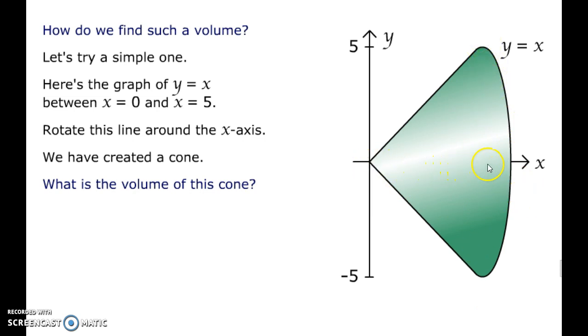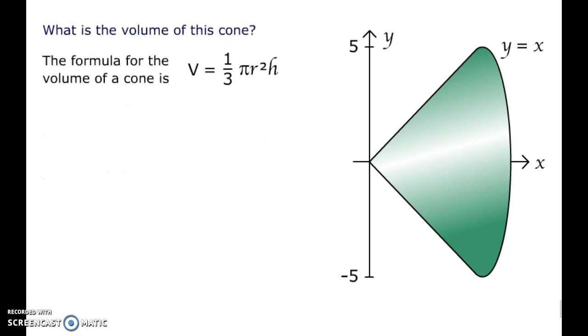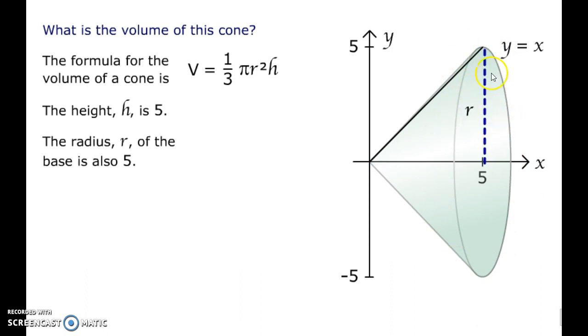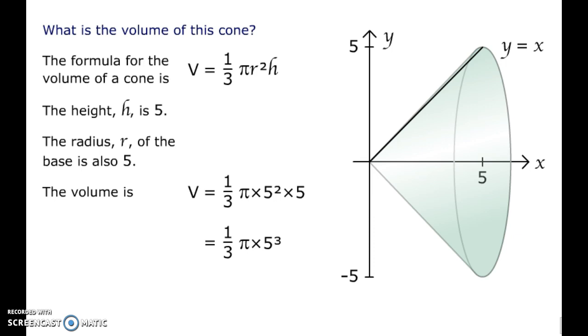From 0 to 5 is the height, and the base is a circle, so 1/3 pi r squared into h. The height is h, and the circle area is pi r squared. This becomes the radius. So the volume is 1/3 pi 5 squared into 5, because the height is 5 and the radius is also 5, and we got the volume.